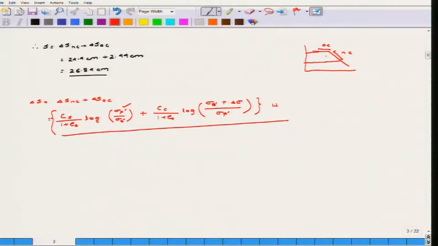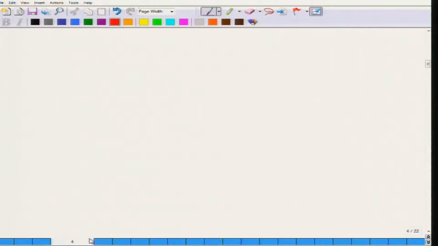But suppose your initial stress lies at this point, then there is no over consolidated settlement, because it has already crossed the pre-consolidation pressure. Since sigma naught is greater than sigma P dash, only the normally consolidated part would come into view, while if sigma naught dash is less than sigma P dash, then both the normally consolidated and over consolidated parts would come into view. So, keeping all these factors in mind, now let us move to the next problem.